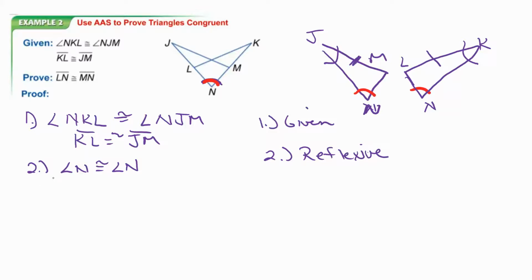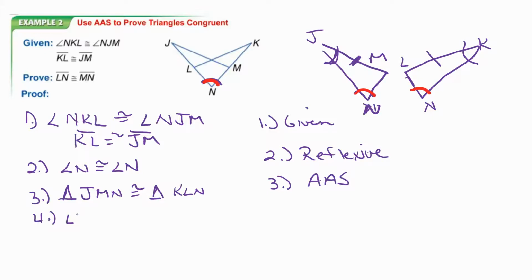So now we do have angle, angle, side. So triangle JMN is congruent to triangle KLN, and that's by angle, angle, side.